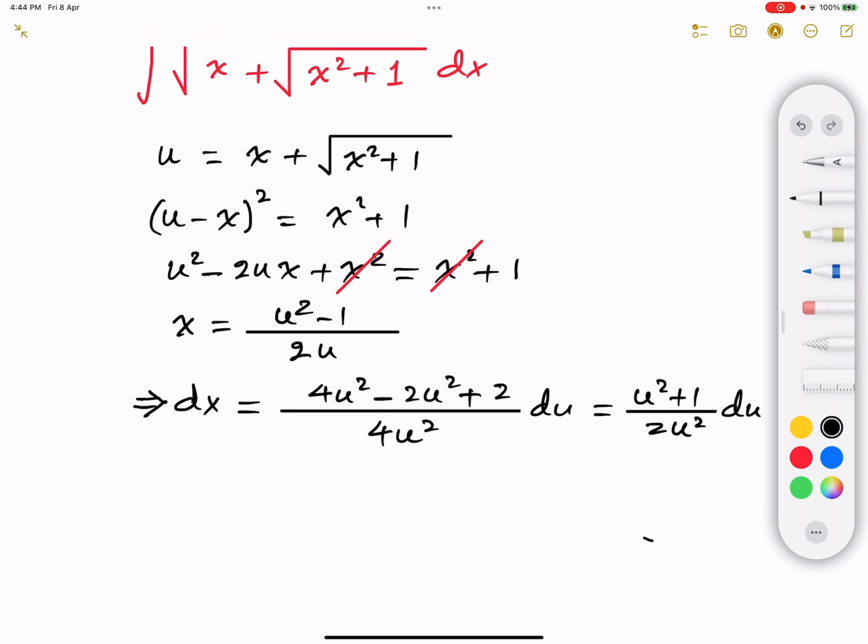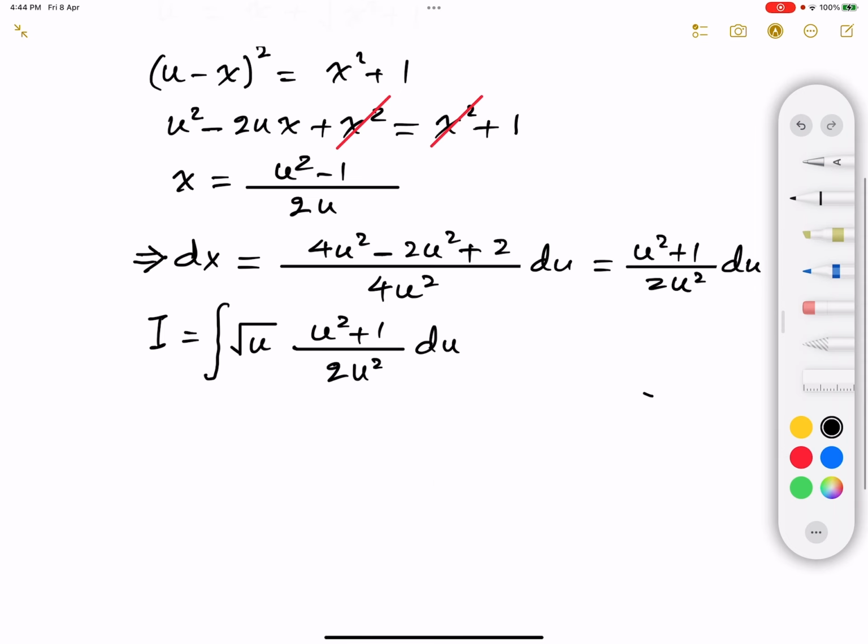Now we can go back to the integral. Our integral is going to become the integral of the square root of u multiplied by dx, where dx is u squared plus 1 divided by twice u squared du.